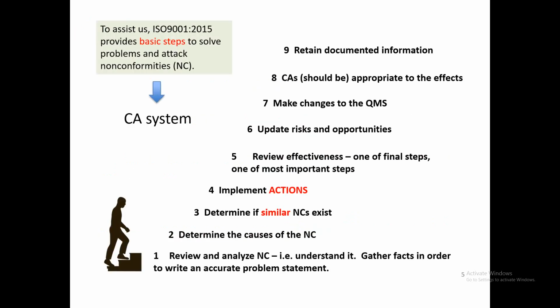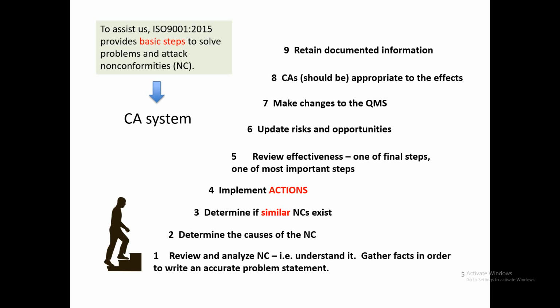Luckily, ISO 9001:2015 provides basic steps, from step 1 to step 9, to solve problems and attack the NC. And this is what we mean by the CA system, the corrective action system. So we start from number 1, review and analyze the non-conformity. Understand it, get the facts in order to write an accurate problem statement.